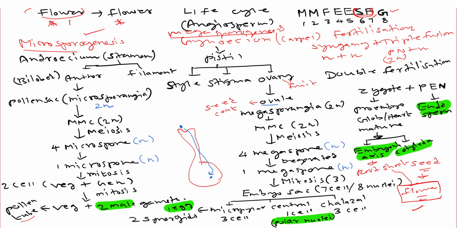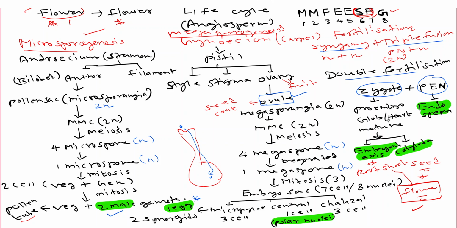Inside the ovary, inside the ovule, megasporogenesis takes place, and they form the egg cell, and this pollen tube carries the two male gametes and fuses them, forming syngamy and triple fusion, and it becomes a double fertilization. Later the syngamy will give rise to the zygote, and triple fusion will give rise to the endosperm.